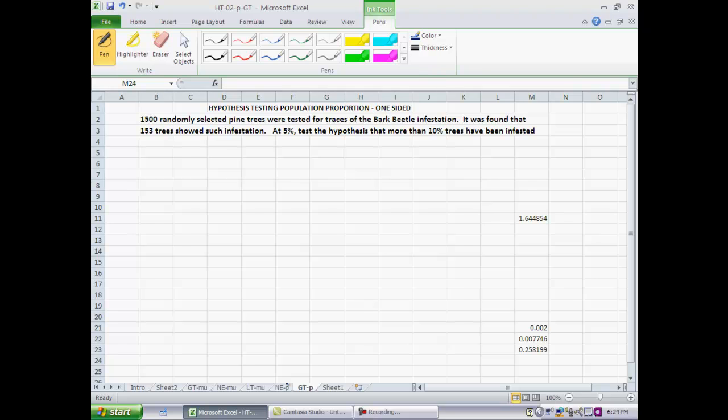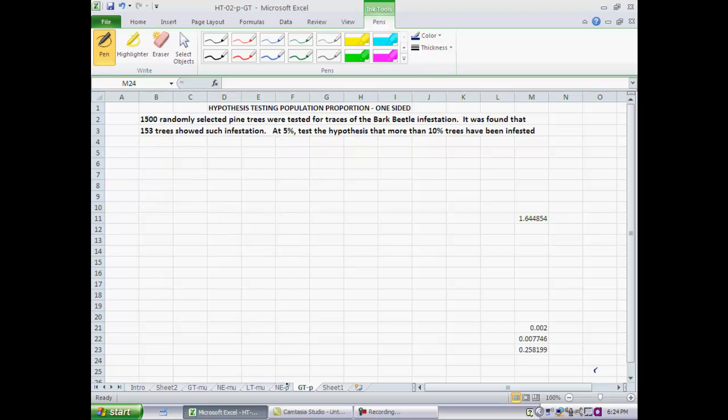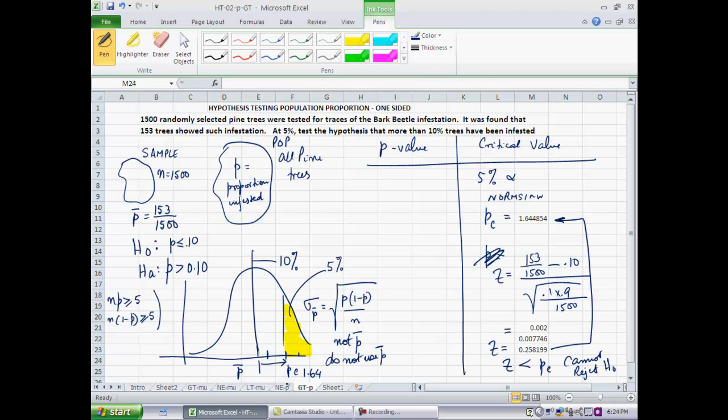Okay, so I cannot reject the null. So I would conclude by saying there's not enough evidence to conclude that more than 10% trees have been infested. Notice that I'm not going out on a limb and saying actually that the null is true. I'm saying there's not enough evidence to reject the null.